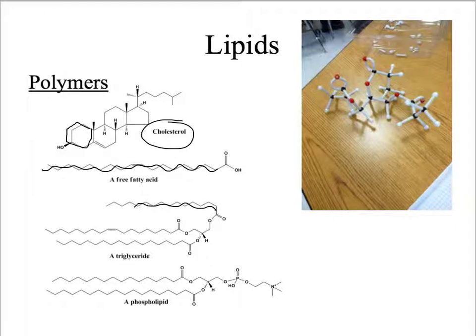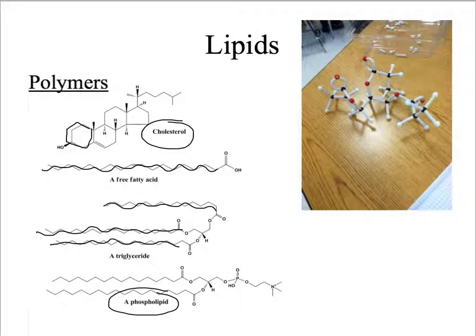So if I put 3 of those together, like we did in class, we make something called a triglyceride. And triglycerides are what most of the fats we use for eating are made out of. And then finally, a really important lipid in biology is the phospholipid, because this is the one that's found in the cell membrane. I'll talk about that one a little bit later. But again, it's got those fatty acid tails, and this time it has a phosphate group stuck onto those fatty acid tails.